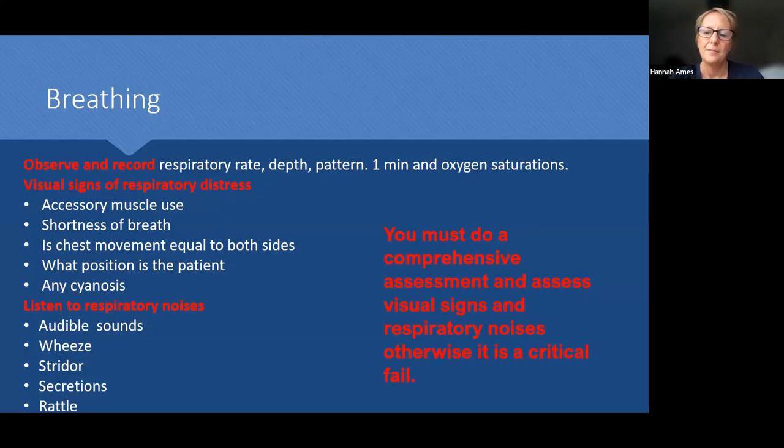You can just gently place your hand on the chest, or just visualise and say that you could see that both sides of the chest were rising equally. You also want to verbalise whether you heard any respiratory noises, so any audible sounds, wheeze, stridor, secretions, rattle, coughing. You must do that full assessment and verbalise each component of it, otherwise it is a critical fail. The most common thing that is forgotten to be verbalised is the depth and rhythm pattern of breathing.